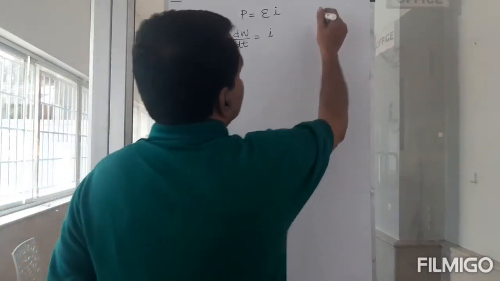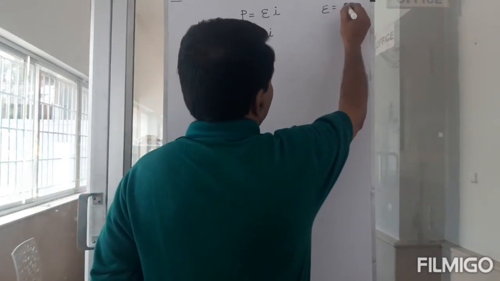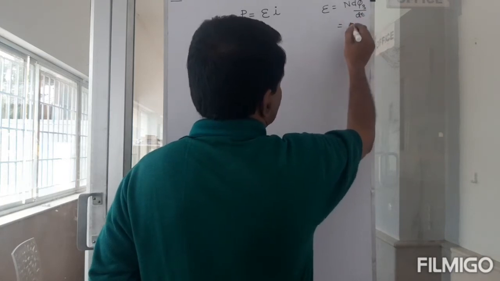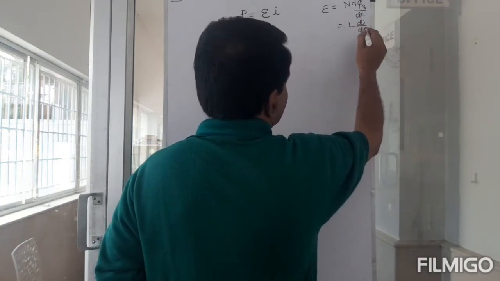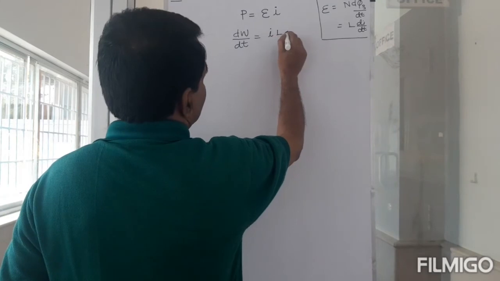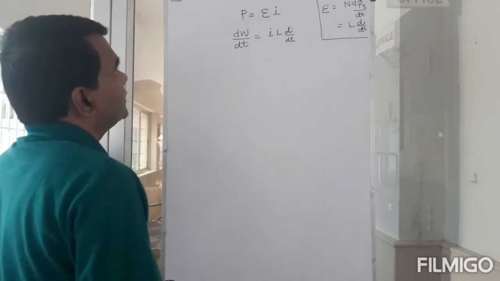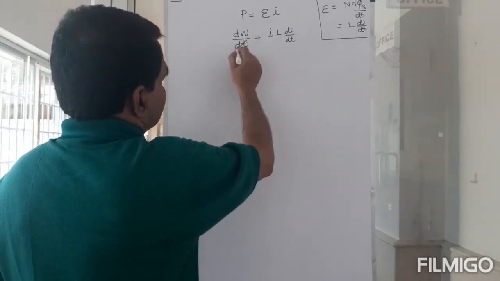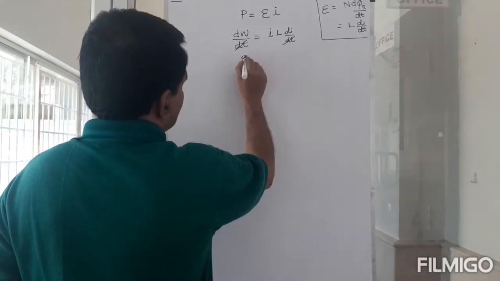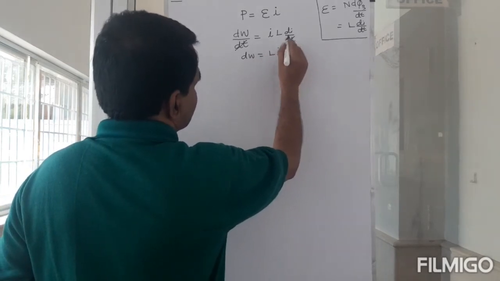The EMF induced, we just take the magnitude, is equal to N d phi B by dt, and that is also equal to L di by dt. We just did this. I'm going to put L di by dt here. Now I can cancel this. So my dW is equal to L into I di.